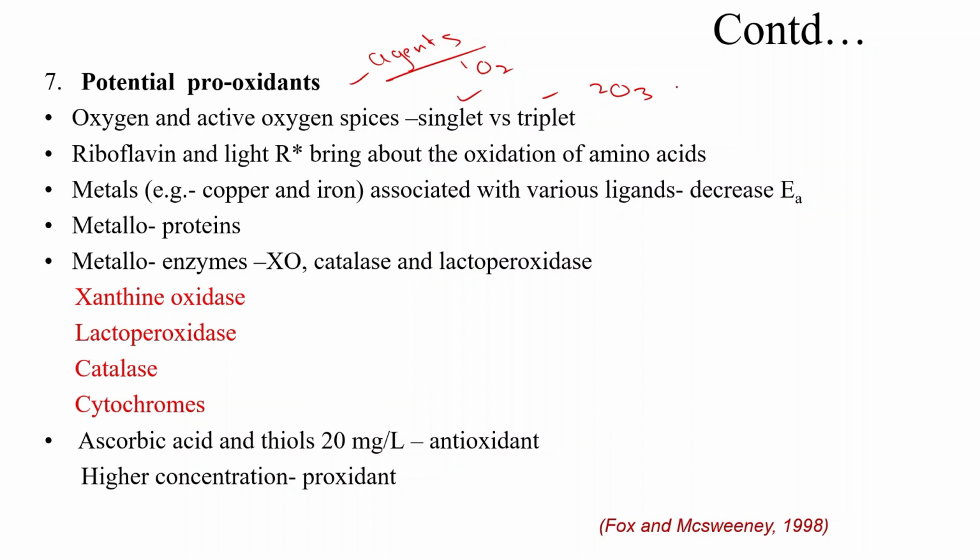And the difference between them: singlet oxygen is the more energetic one, and triplet oxygen is less energetic. Triplet oxygen is in the ground state, and singlet oxygen is in an excited state.